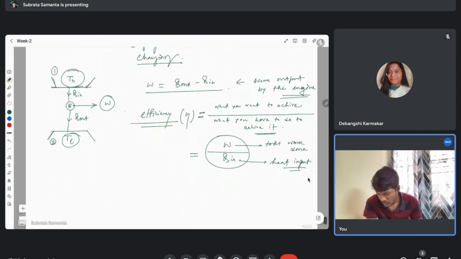Then we put this into the formula: the efficiency eta is Q out minus Q in by Q in.